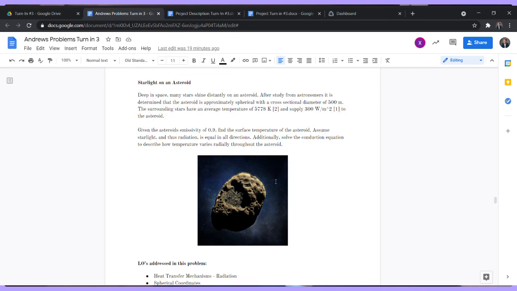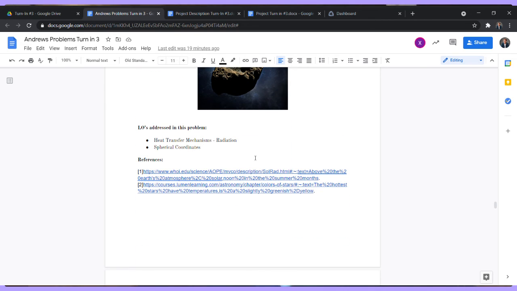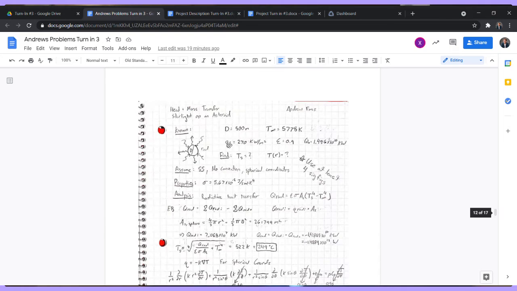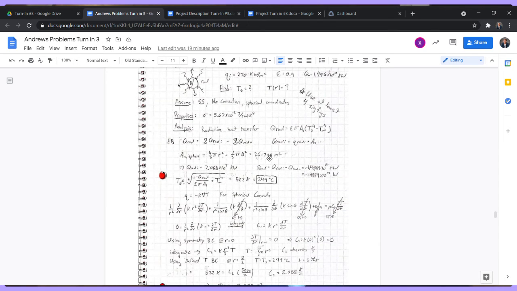So we were tasked with finding this surface temperature, which we did by analyzing the radiative heat transfer around the system. So the radiative transfer in must equal the radiative transfer out.